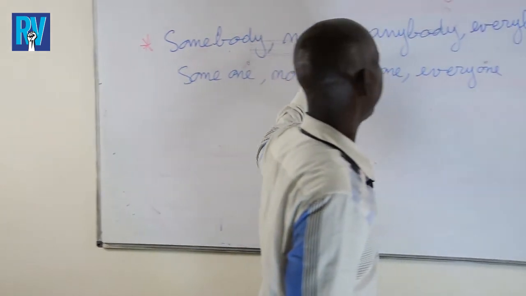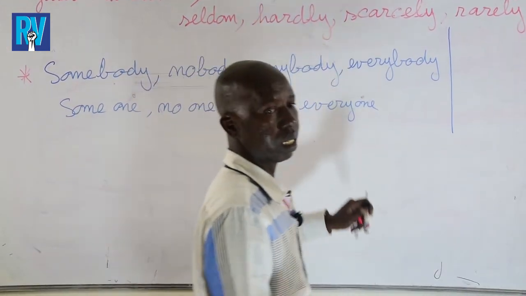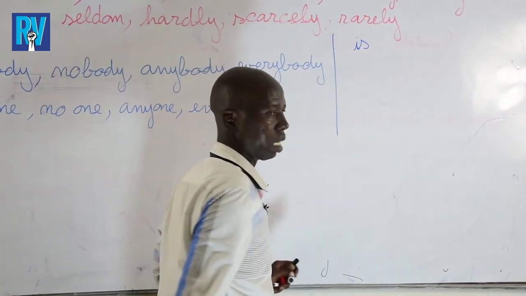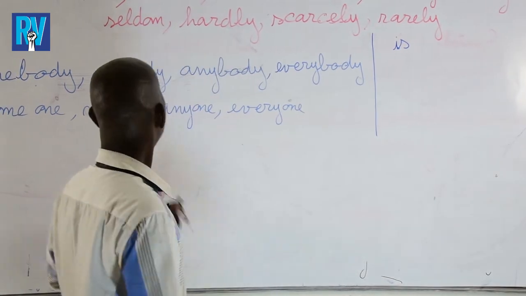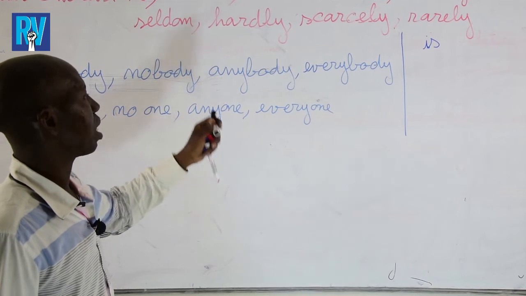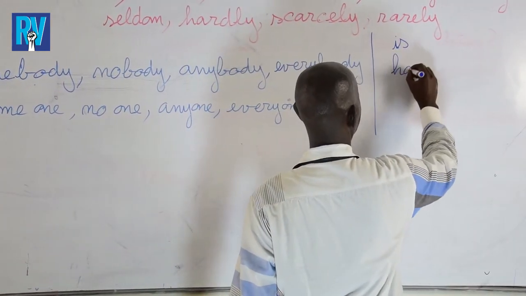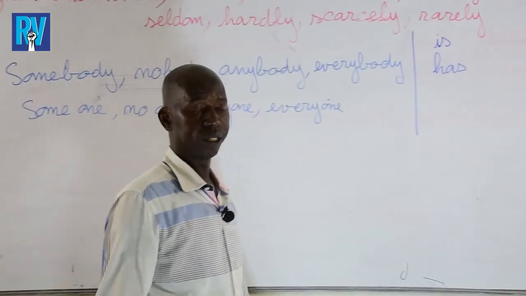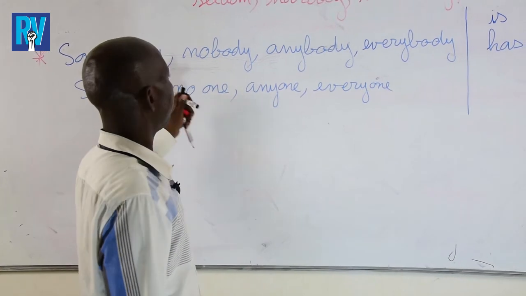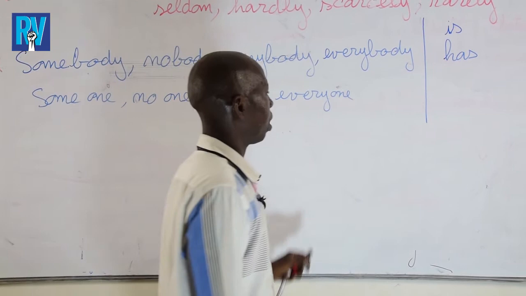Prenez somebody, nobody, anybody, everybody, someone, no one, anyone, everyone. Troisième personne. On dit is, avec le verbe to be. On dit is. Troisième personne. Avec le verbe have, troisième personne, has. Okay?